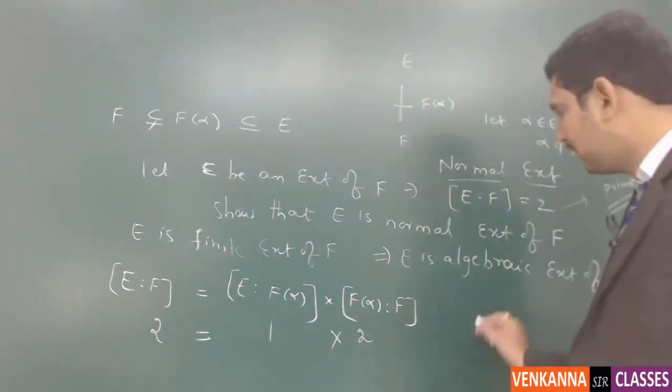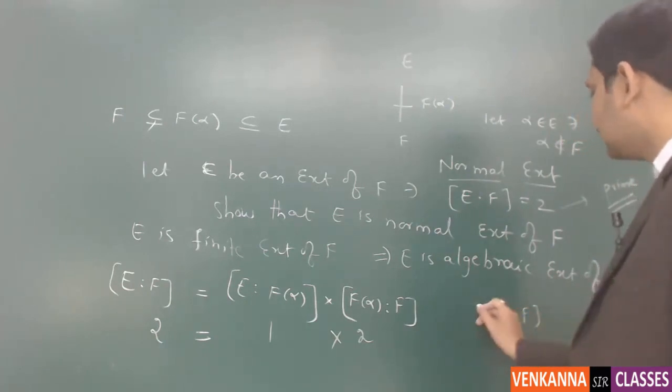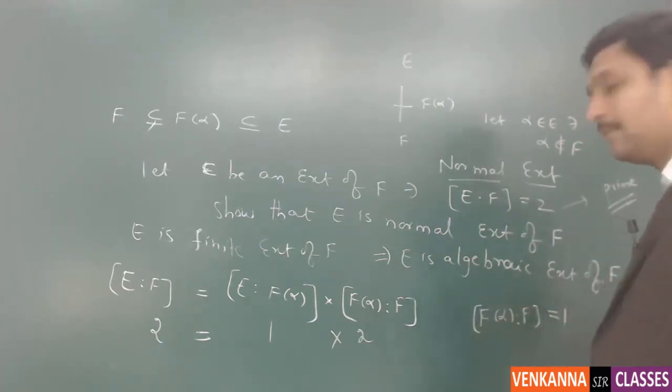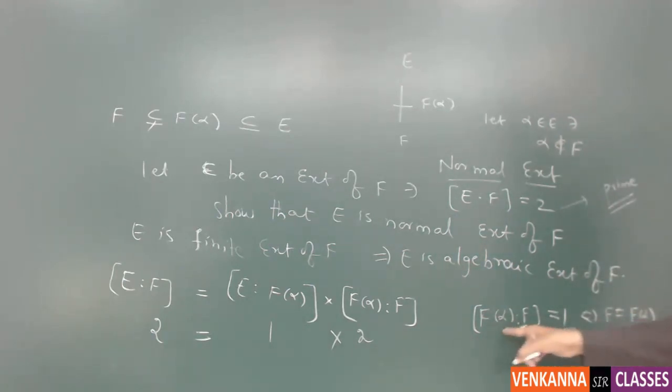Because if you take F(alpha) over F equal to 1, then we have done similar problems on this. Immediately we can say that F is equal to F(alpha). But this is a contradiction. These two are different sets.